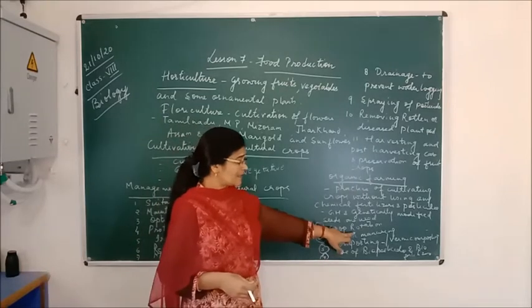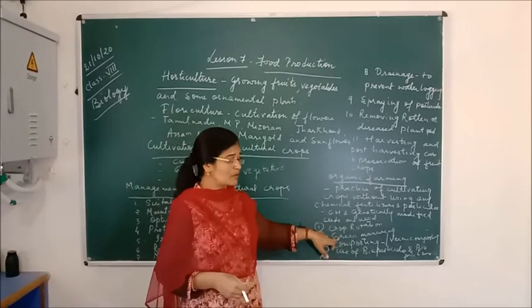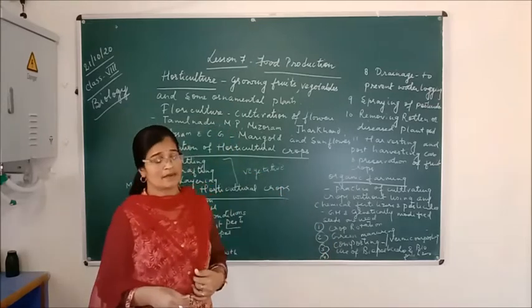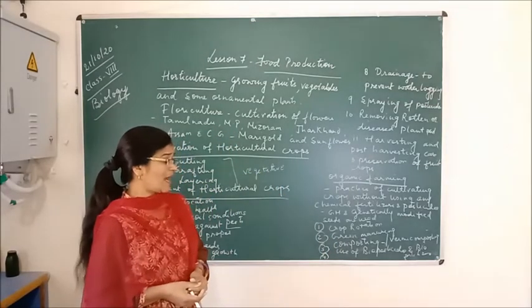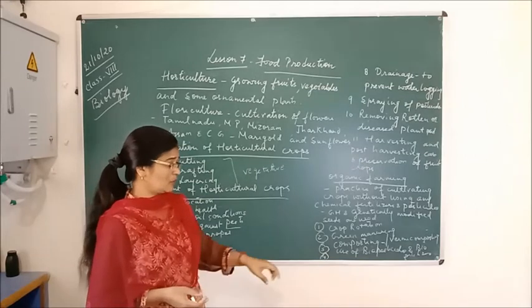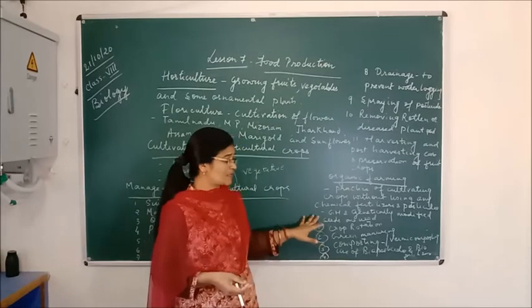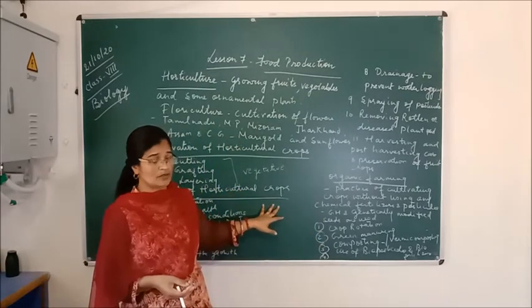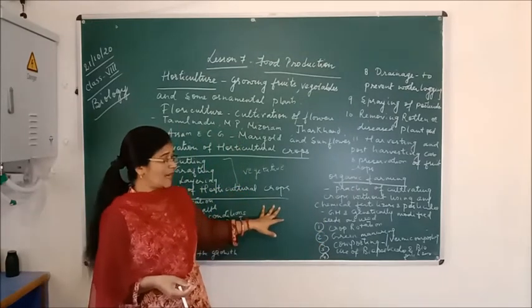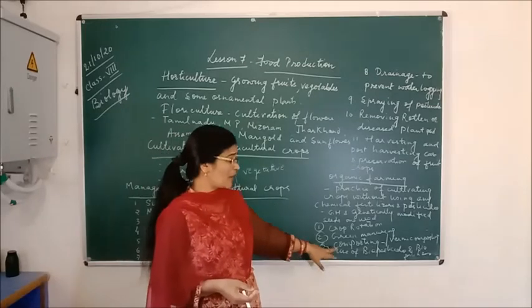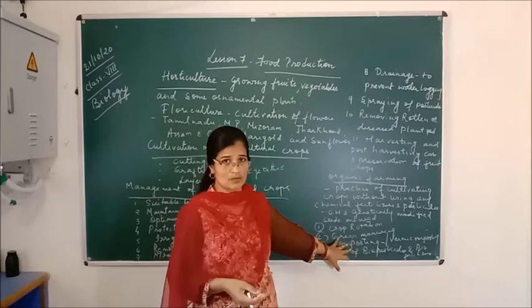And second is green manuring. Green manuring should be utilized. Green manuring means like compost and biocompost, and these are used for the growth of plants, especially the horticultural plants, for the growth of fruits, vegetables and some ornamental plants. And use of biopesticides and biofertilizers should be there.